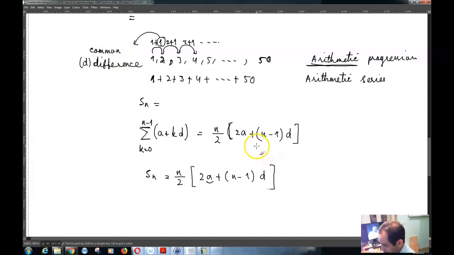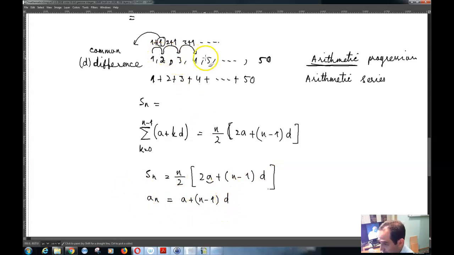Now, of course, there is a way to find the number of these terms, and that is a of n is equal to a plus n minus 1 times d. If you want to find the nth term of an arithmetic progression, this is the formula for that.